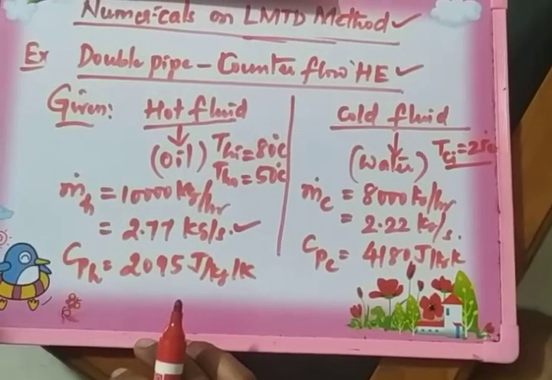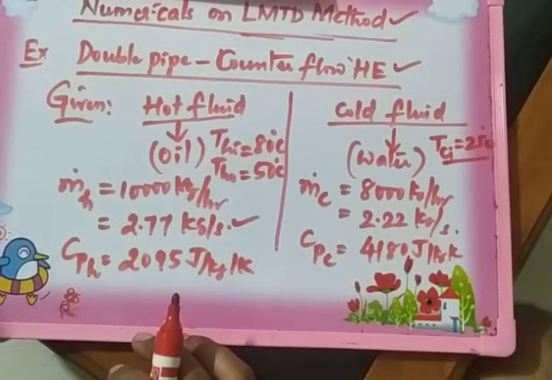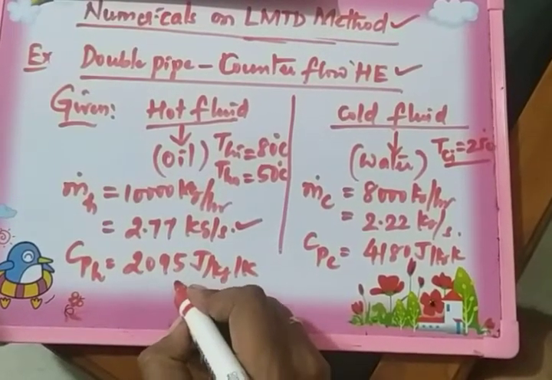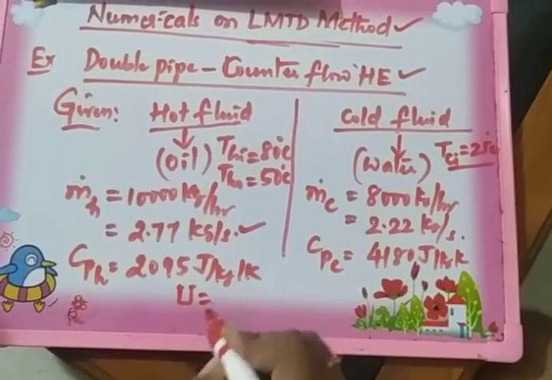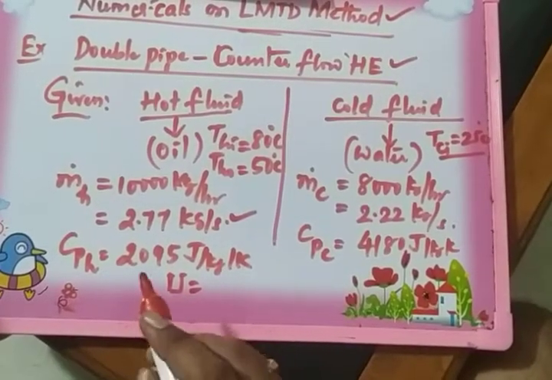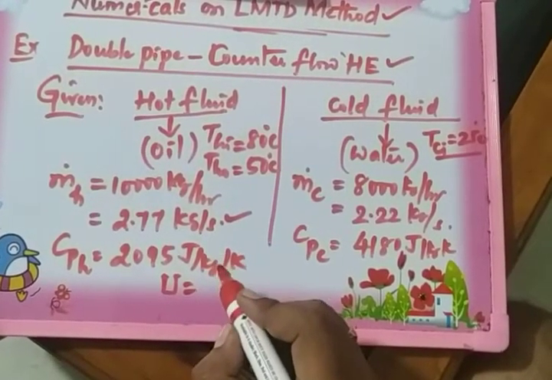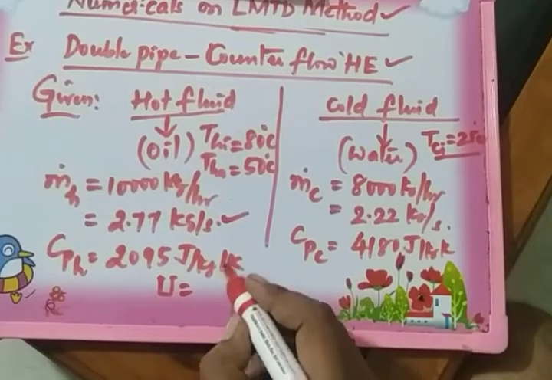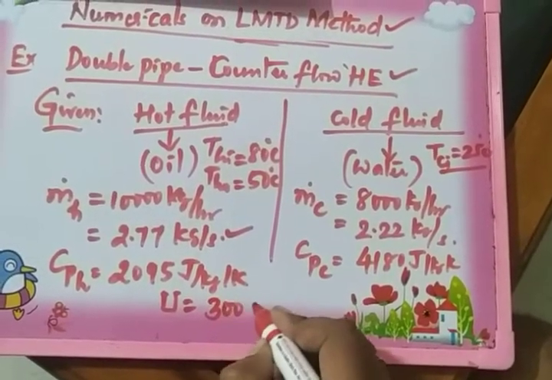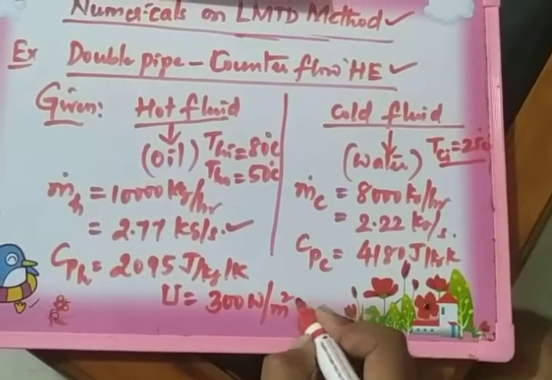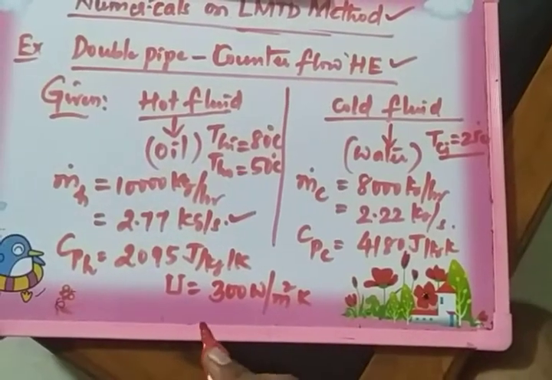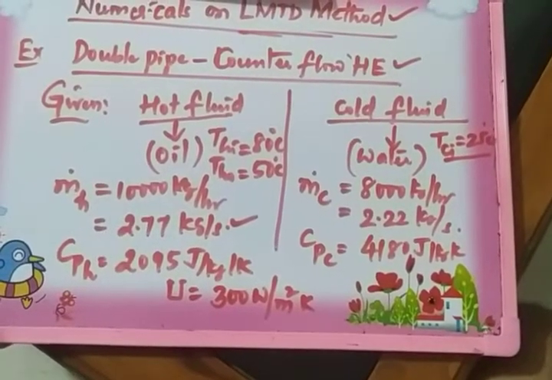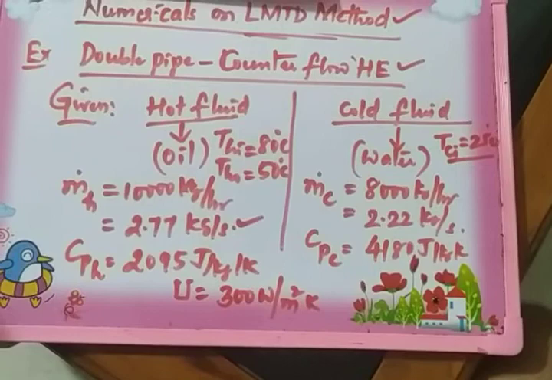Okay. Now along with this, he has also given us one more term called U. So U stands for the overall heat transfer coefficient, which is given as 300 watt per meter square Kelvin. So U is also given. Okay.